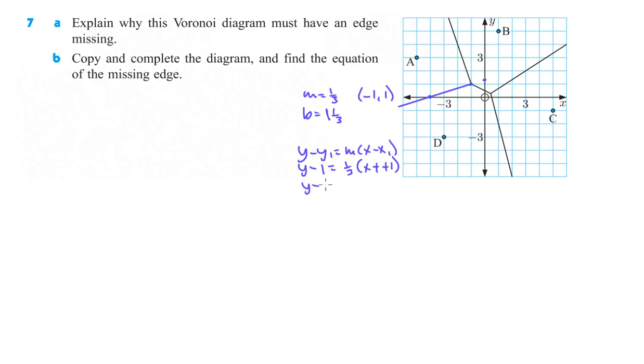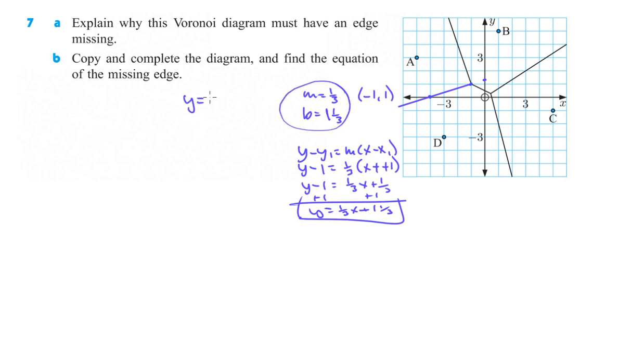So we get y minus 1 equals 1/3 x plus 1/3, and then you add 1 to both sides. And there's our y equals 1/3 x plus 1 1/3. Okay, so there's our formula. But again, from back here, you simply could have gone y equals m, which is 1/3 x plus b, which is 1 1/3. You could have done it that way as well.